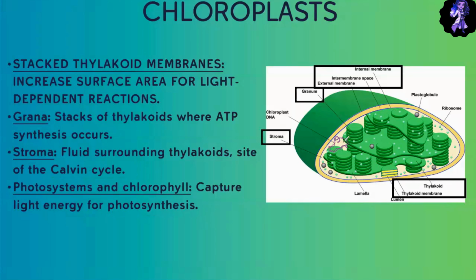So the stroma is the fluid around. Now, we talked about all the different parts. We've talked about the granum, the stroma, the thylakoid, and internally, if we were to take like a cut of the disc, we would call that the thylakoid membrane, the inside innard part, that yellow part right there.